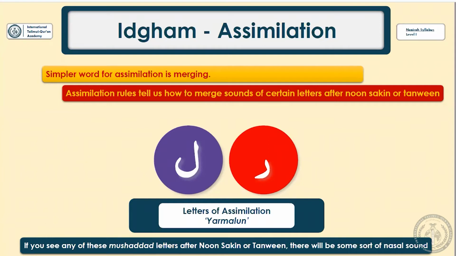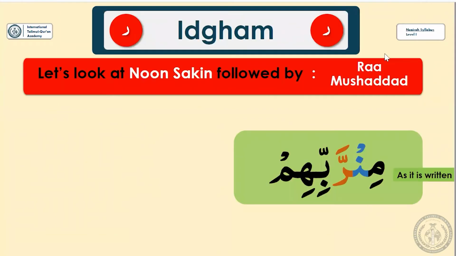Let's have a look at an example. Over here, you can see in blue, I've got a Noon Sakin. I look at the letter after the Noon Sakin, and it's a Ra Mushaddad. Remember, if it's a Ra Mushaddad or a Lam Mushaddad, I need to apply the rule of Idgham. This is how it's written: a Mim with a Kasra, a Noon Sakin, and then a Ra Mushaddad.